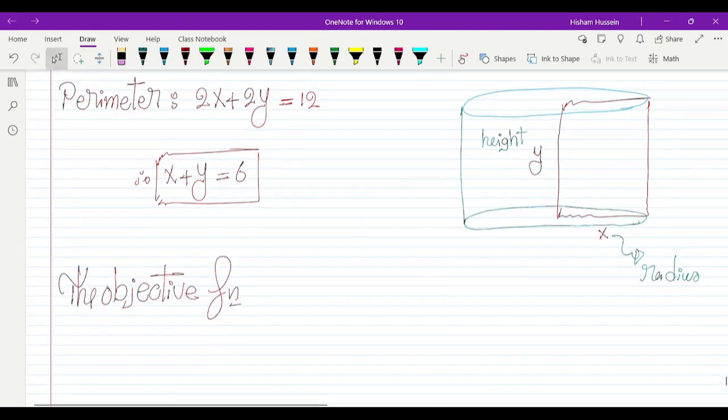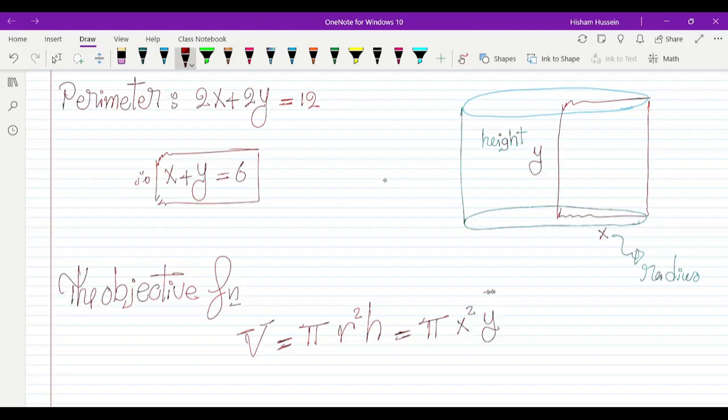The objective function now is V equals pi r squared times h, which here, based on these dimensions, is pi times x squared, where x is the radius, times y, the height. So we need to maximize this function. Already we have x plus y equals 6, and we need to represent this objective function V as a function of one variable, x or y.